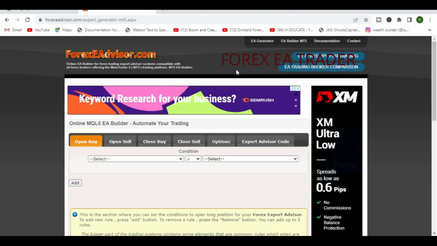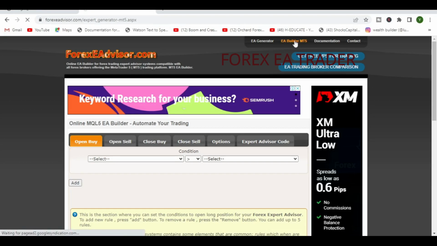What you are going to get from here is the MQL4 or MQL5 source code, and I have a video on this channel showing you how you can use the MQL5 or MQL4 source code. With FXDreema you actually get an executable file. Maybe I'll do the same thing using FXDreema in the next video, but in this video we are using this free EA builder.